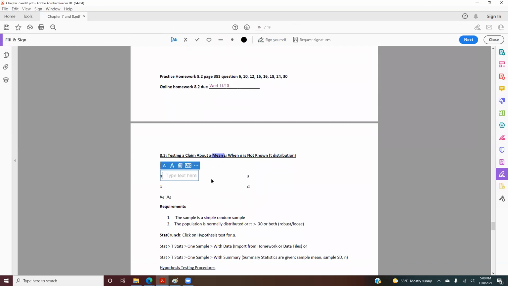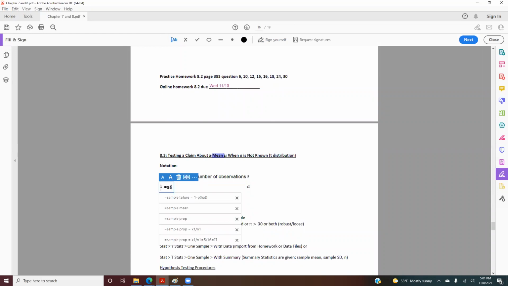So there are some variables in this case. n will be your sample size, or we call it the number of observations, depending on the question. x bar we call your sample mean. This mu naught, or mu x bar, is called your claim value, or sometimes your test value.